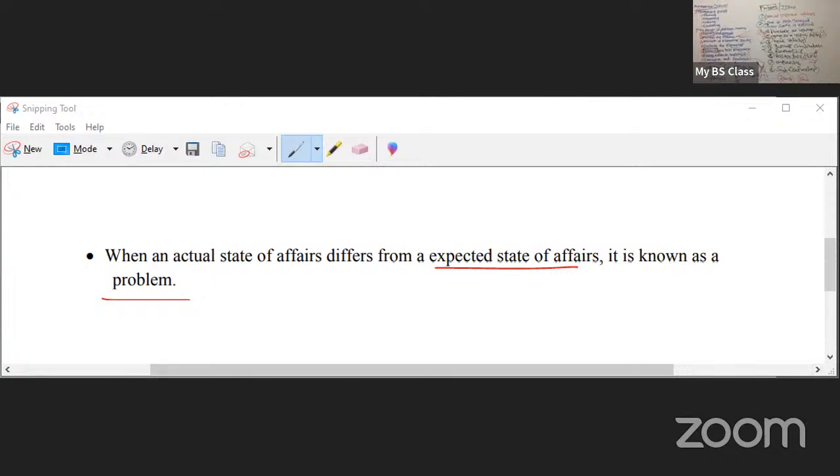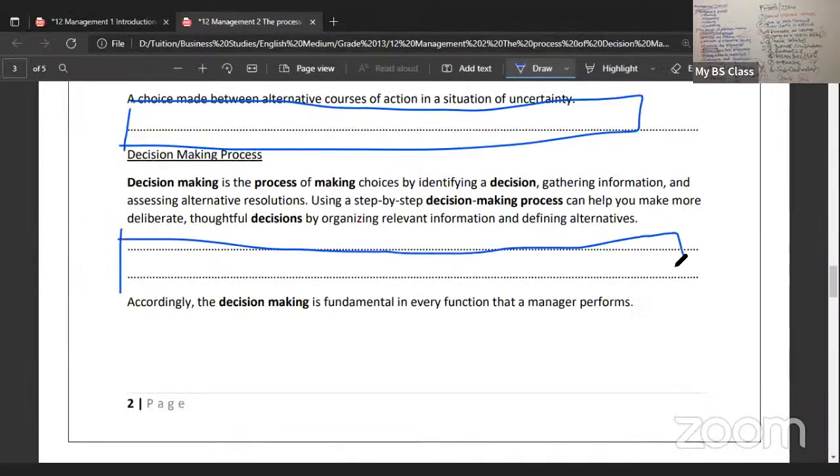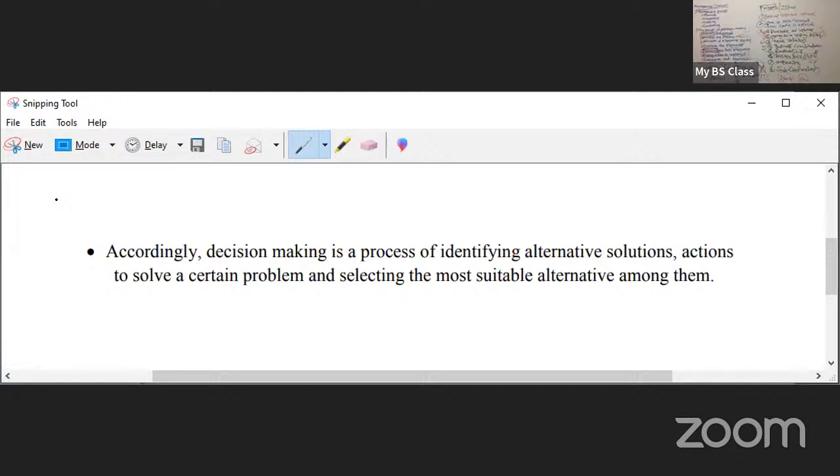So shall we write this as well in terms of the decision-making process, which explains in a different point of view? Accordingly, decision-making is a process of identifying alternative solutions. Yes, we identify solutions, actions to solve a certain problem, and select the most suitable alternative among them.